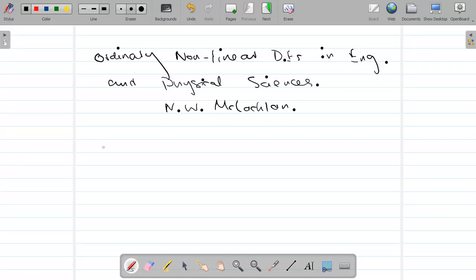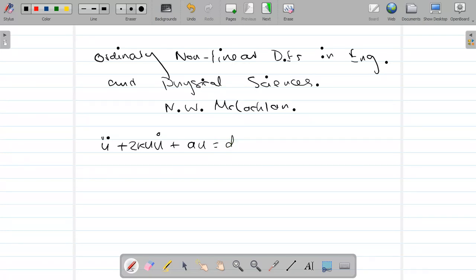The first one it comes to is u double dot plus 2ku dot plus au equals d.